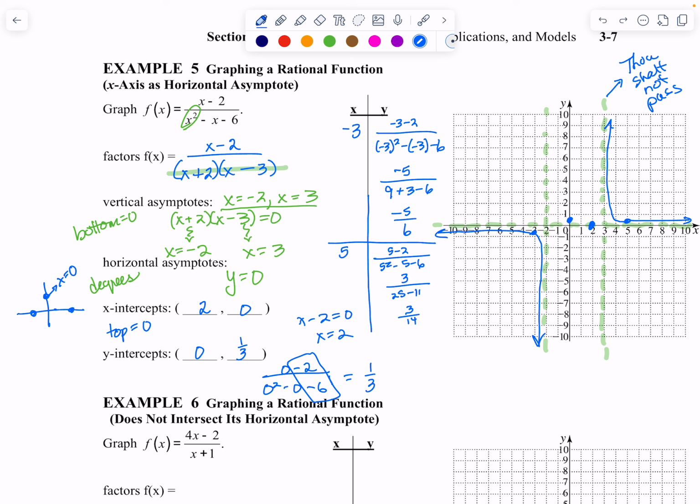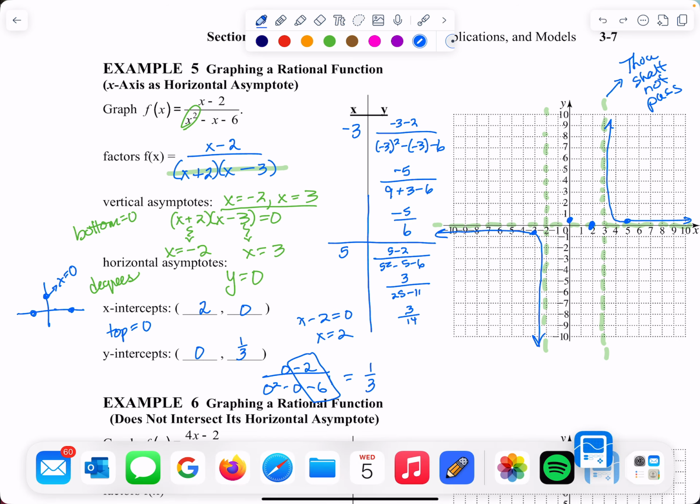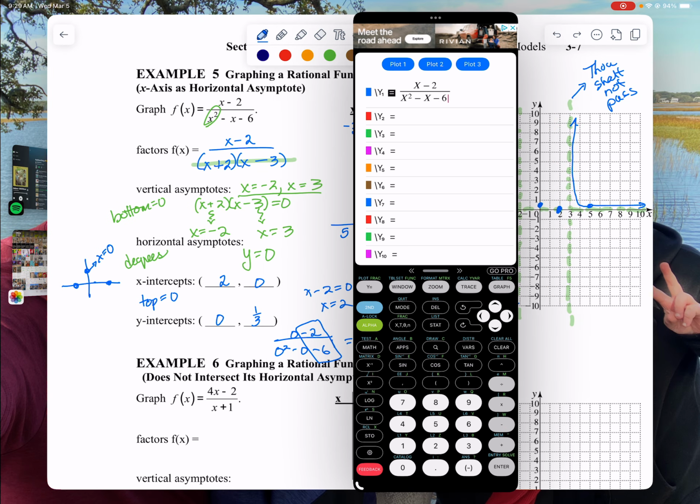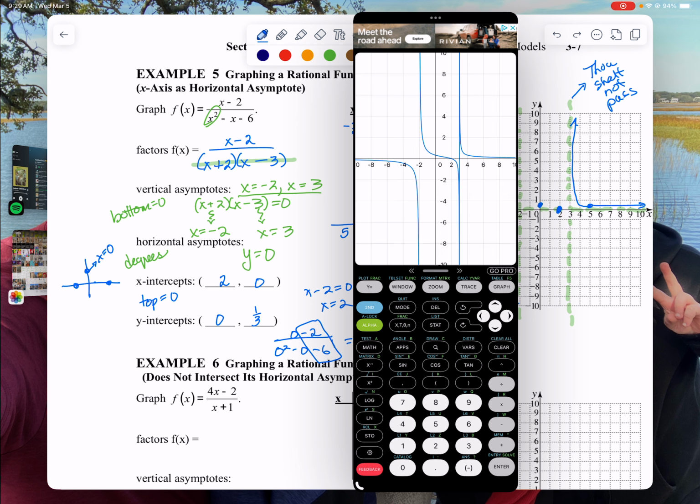But this is where you get to cheat. You get to put it in, I think I already had it in. There it is. Plug it in. I hit graph. And notice that on the left side, I got that right. On the right side, I got that right. In the middle, it's going up on the left and coming down on the right. Notice it looks like there is a line right at 3.